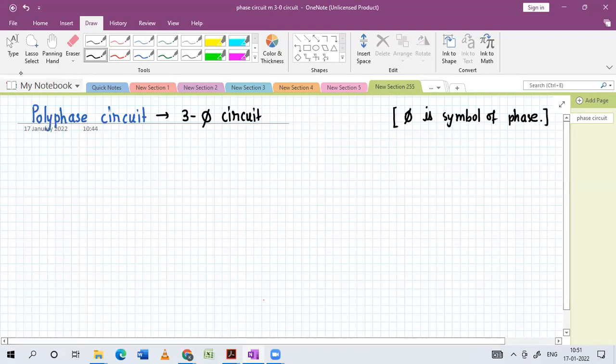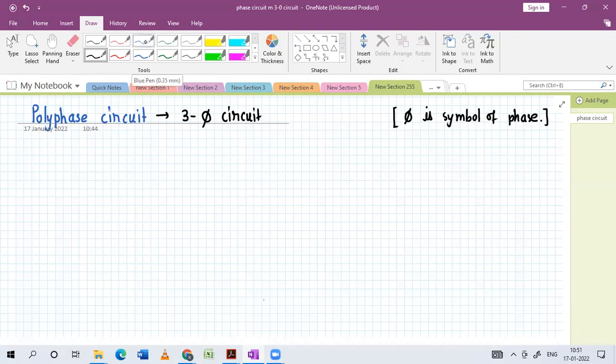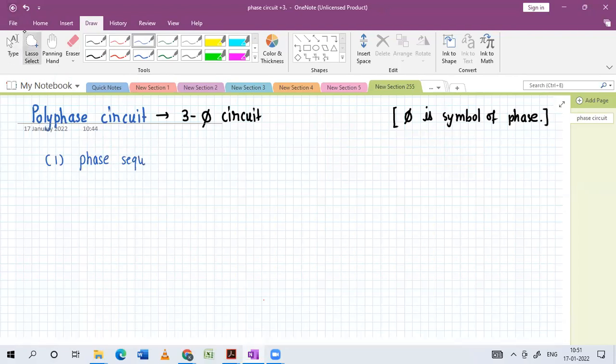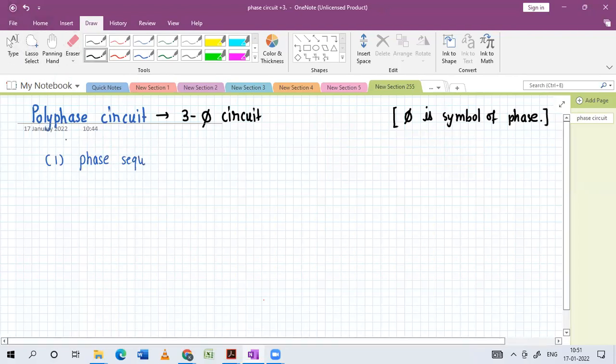So in the last session we already started this and discussed the terminology. First of all, we discussed what a phase sequence is. Okay, the definitions we have learned.